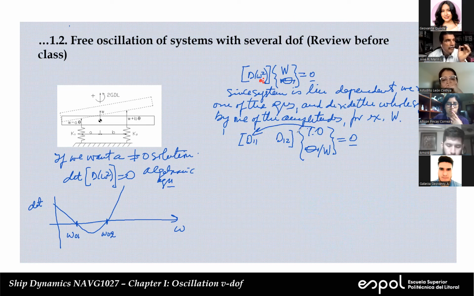This product does not include any unknown term, so you can move it to the right, since it's now an independent term. So D12 multiplied by theta divided by W is equal to minus D11.